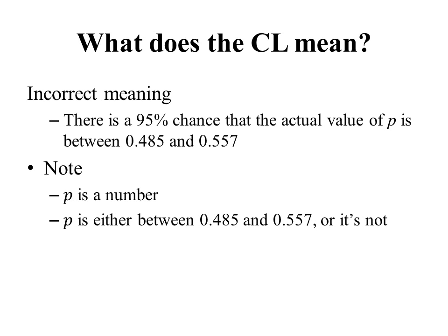So that number is either between 0.485 and 0.557, or it's not. There's only two possibilities. So there's no probability or chance involved there. We don't know which, but there's no probability involved.